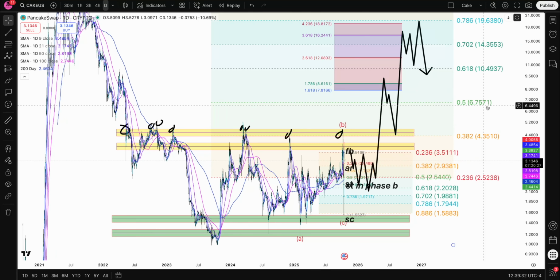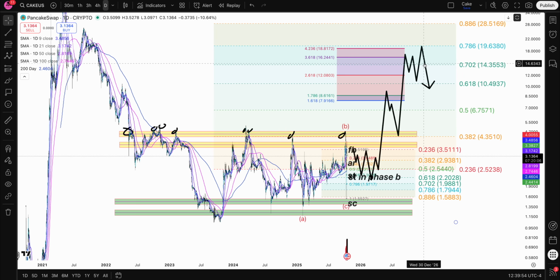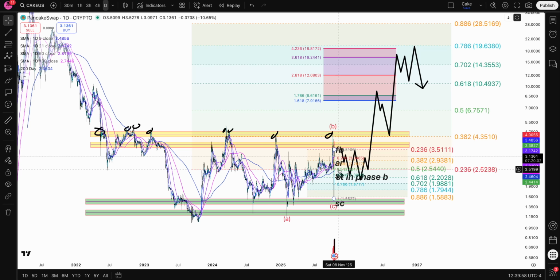I think that we come up to the 50% fib at around 675 and maybe even see a fake out to 790 to 861 before coming back to tap this range as support and then continuing up toward the higher macro retracements at 10 to 11, and then a possibility of wicking up to 14 to 19 bucks. So right now, Cake is undervalued.